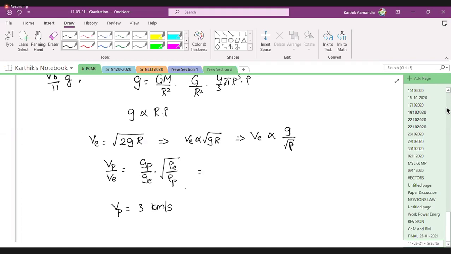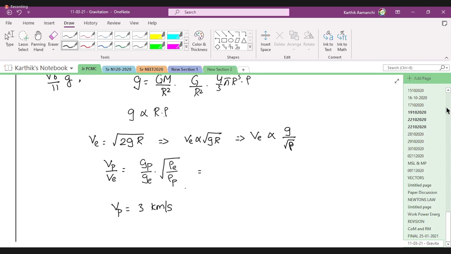Weight of a body of mass m decreases by 1% when it is raised to a height h from the Earth's surface.